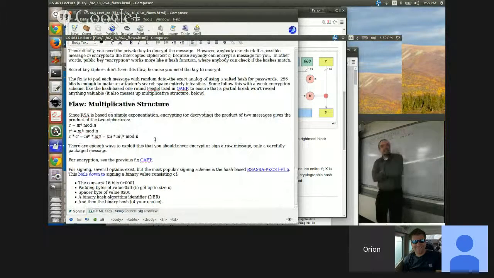The product of two ciphertexts gives you the product of two messages. Holy cow, that's not good. Encrypting a zero gives you a zero in the output. That's bad news. So it's probably not the ideal thing for taking a block of data and working it through.